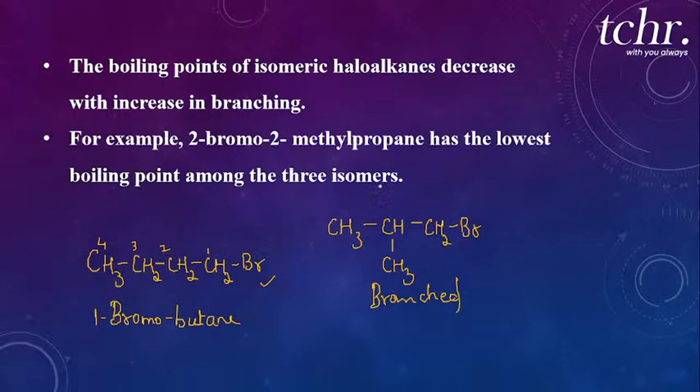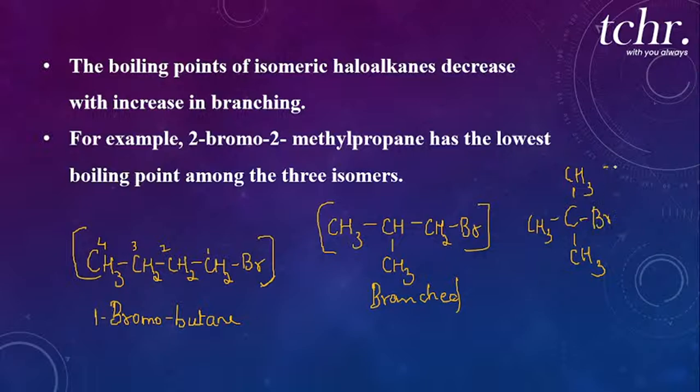So what happens when the chain gets branched? You can see, students, the surface area decreases, right? When you see the branching, see how much surface area it has occupied, and as the branching goes on, for example, if a compound is like this, still more branched, you observe the surface area has decreased, right? As the surface area decreases, the van der Waals force also decreases.